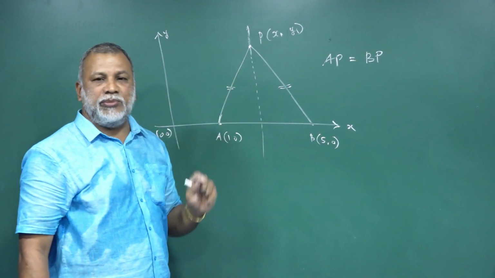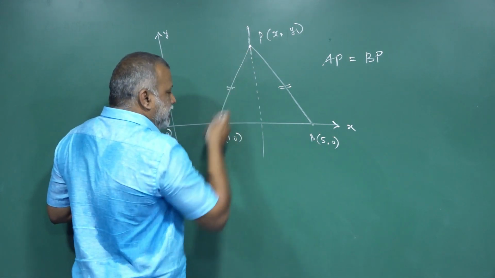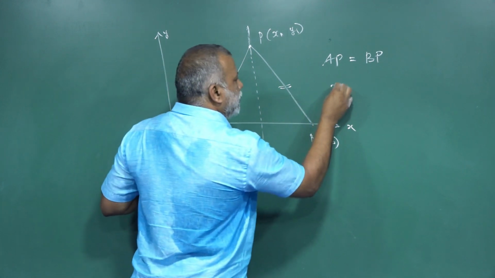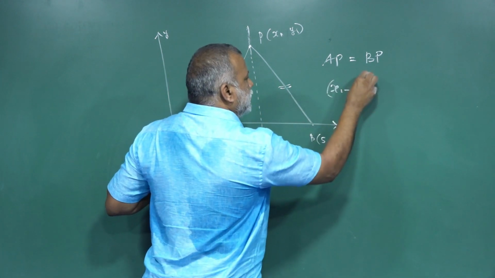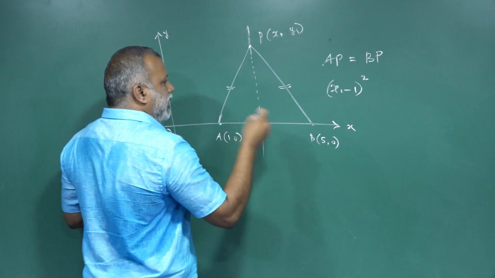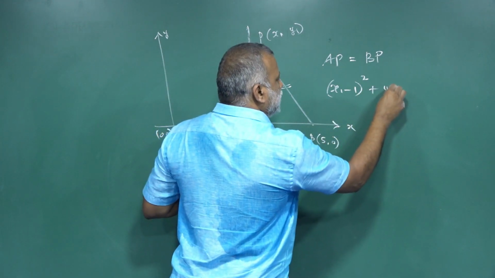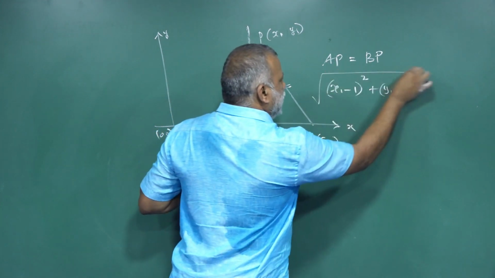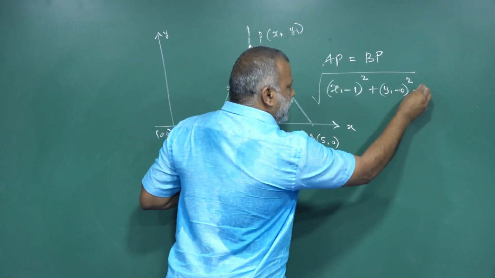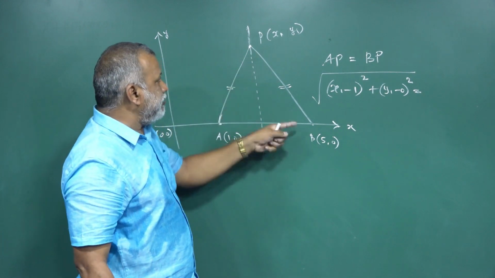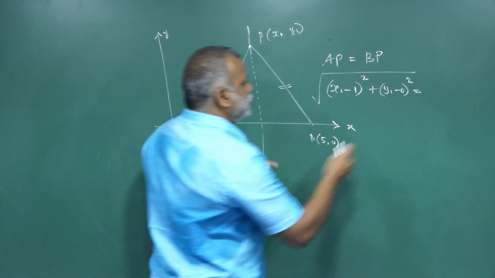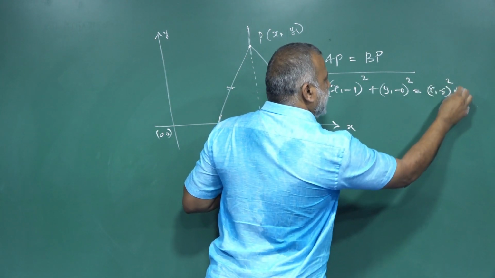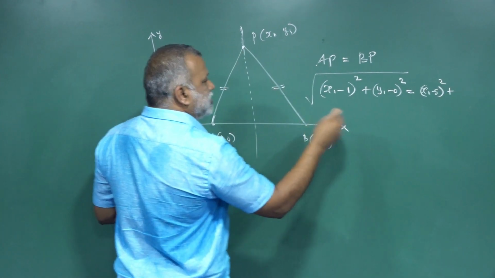AP equal to PB means it is nothing but the distance between two points: square root of (x1 minus 1) the whole squared plus (y1 minus 0) the whole squared, equal to the same, square root of (x1 minus 5) the whole squared plus (y1 minus 0) the whole squared.